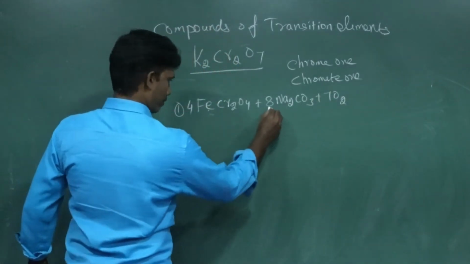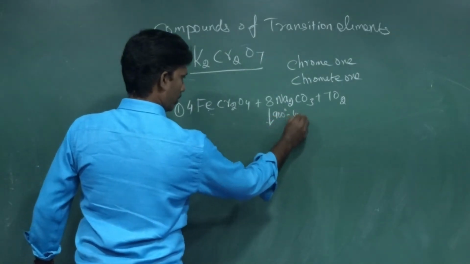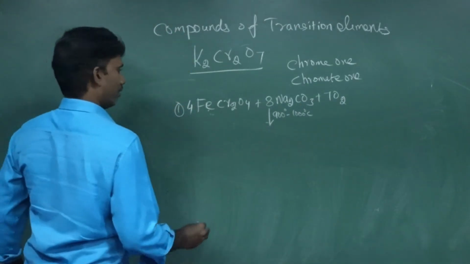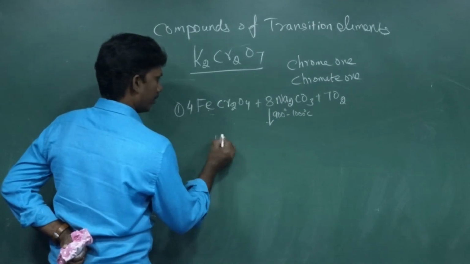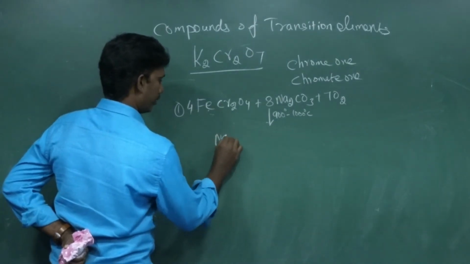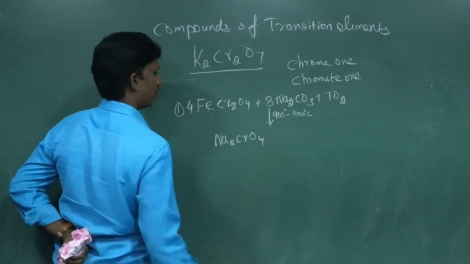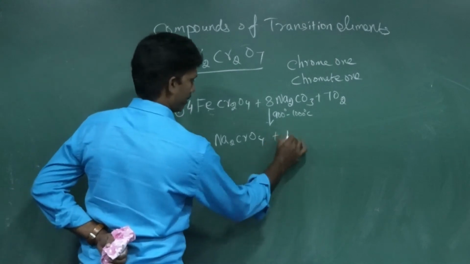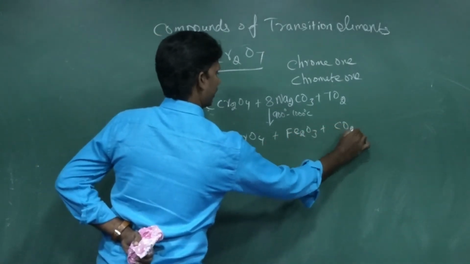If you heat this to 900 to 1000 degrees Celsius, the chrome ore becomes sodium chromate plus iron oxide plus carbon dioxide.